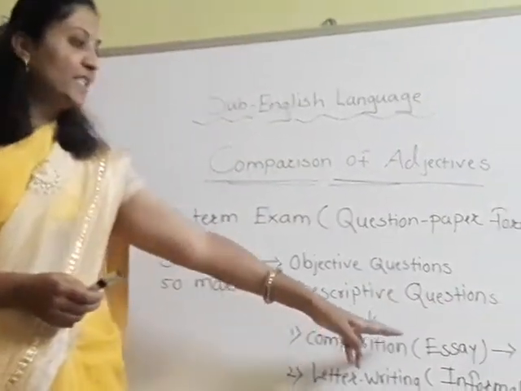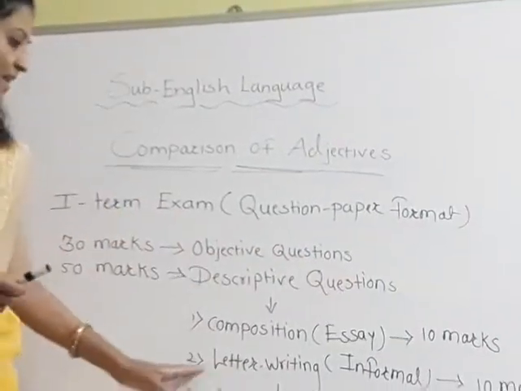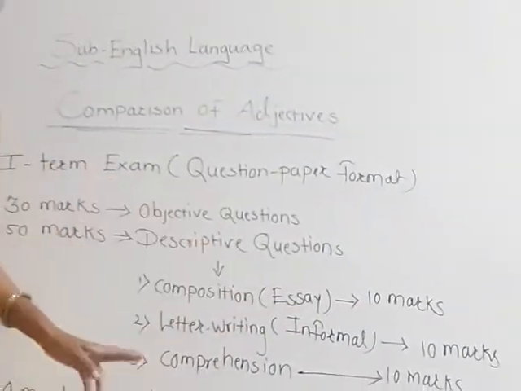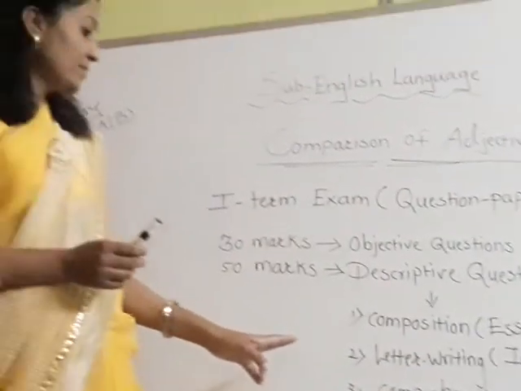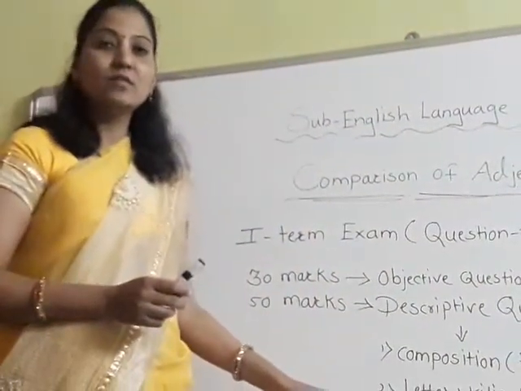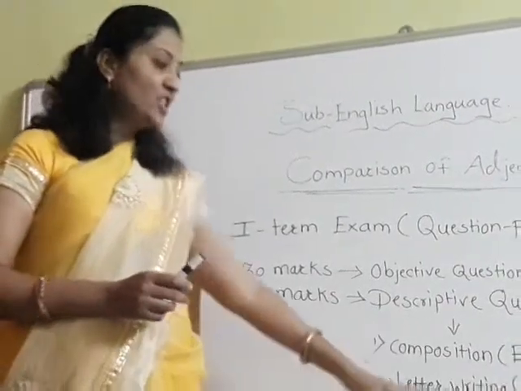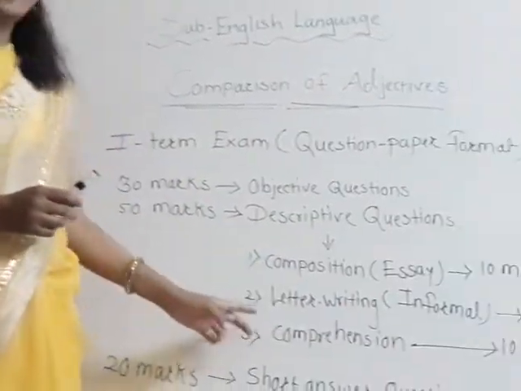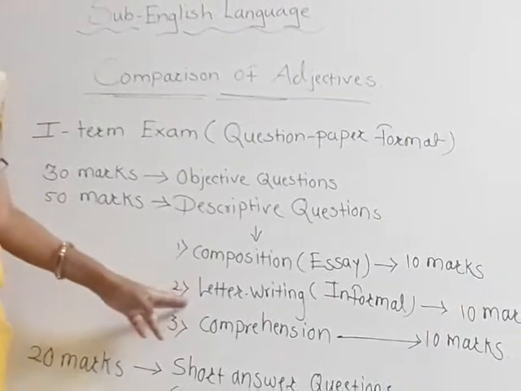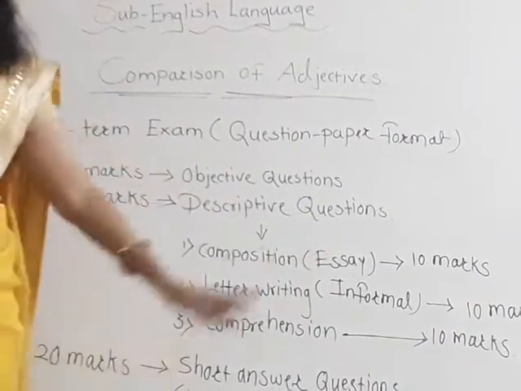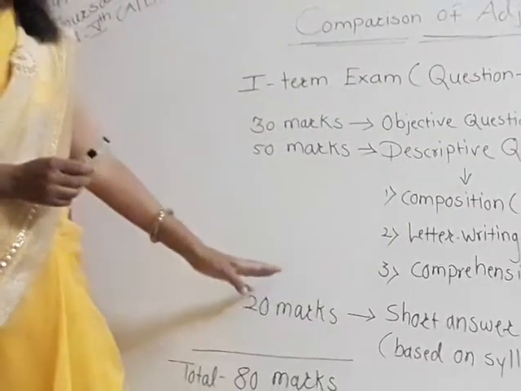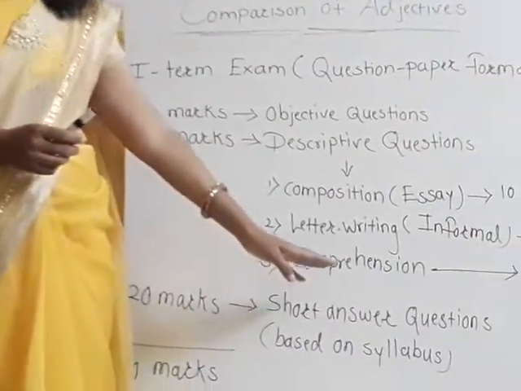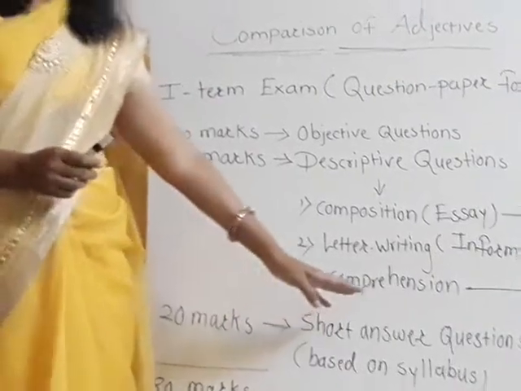Composition or essay will be for 10 marks. Letter writing will be for 10 marks. And on the back side of your textbook, comprehensions are given there, and any one comprehension will come for the examination. That will be for 10 marks, and remaining 20 marks again are the short answers and questions based on the syllabus.